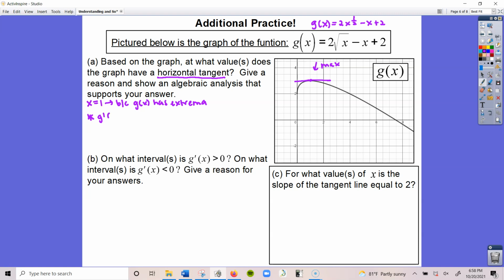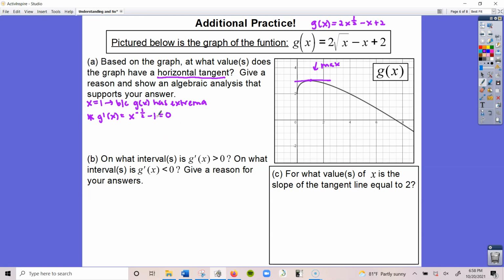So g prime of x is going to equal 1/2 times 2, which is 1, so x, and then subtract 1, meaning I'm going to subtract 2 over 2, would give me negative 1/2, minus 1. To find out when it has a horizontal tangent, that means that my derivative is equal to 0.